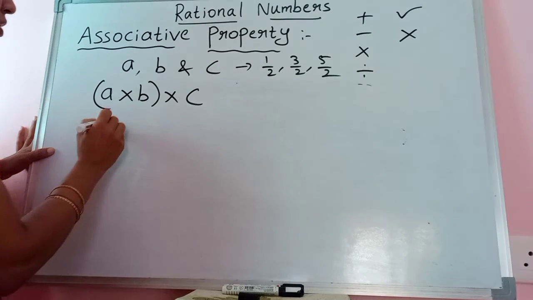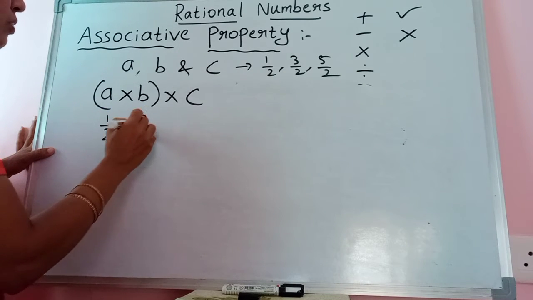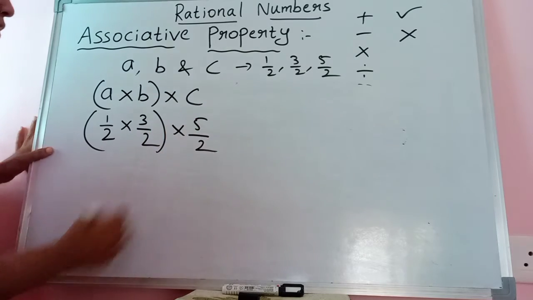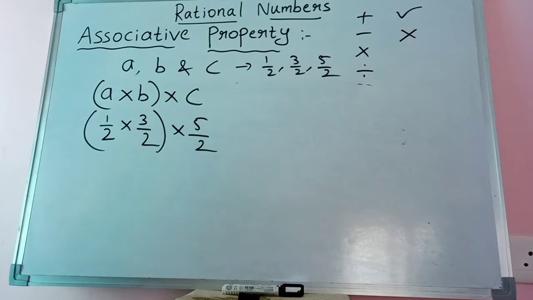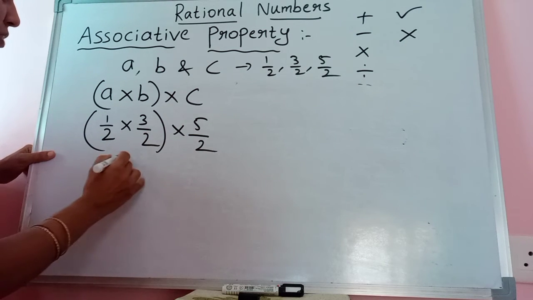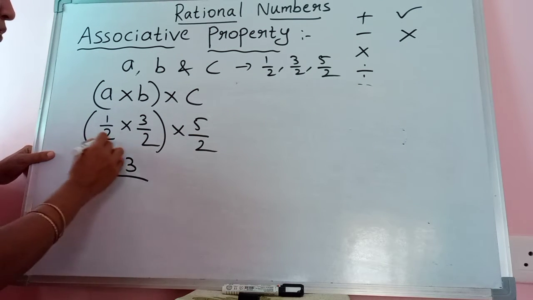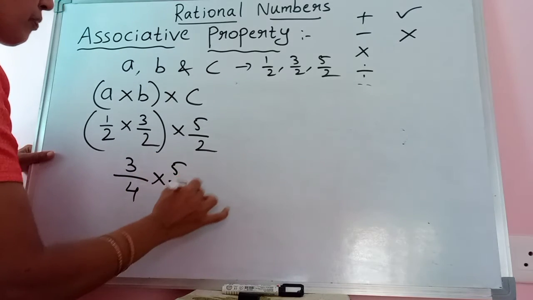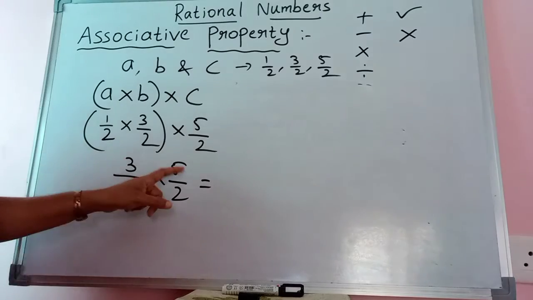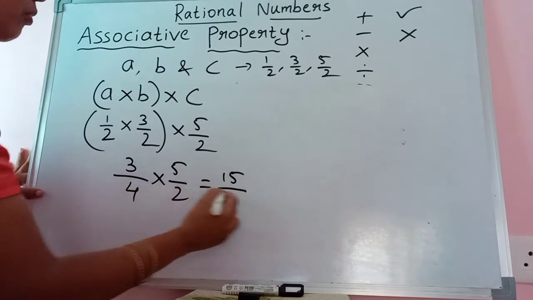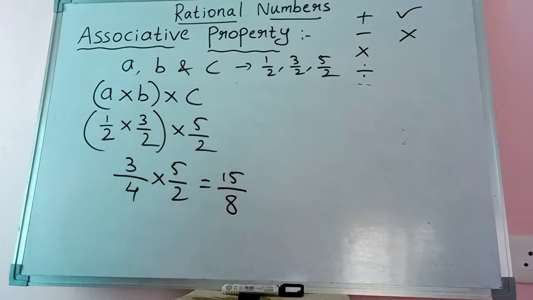Now a is 1/2 times 3/2 times 5/2. You already know, children, how to multiply numerators and multiply denominators. 1 times 3 is 3, 2 times 2 is 4, so 3/4 times 5/2. Here also multiplying numerators, 3 times 5 is 15, and 4 times 2 is 8, so 15/8.